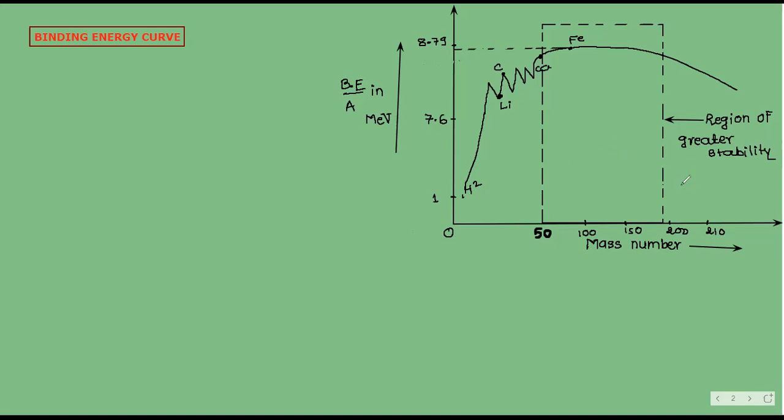That is, atomic mass number lies between, 0 less than, should be.